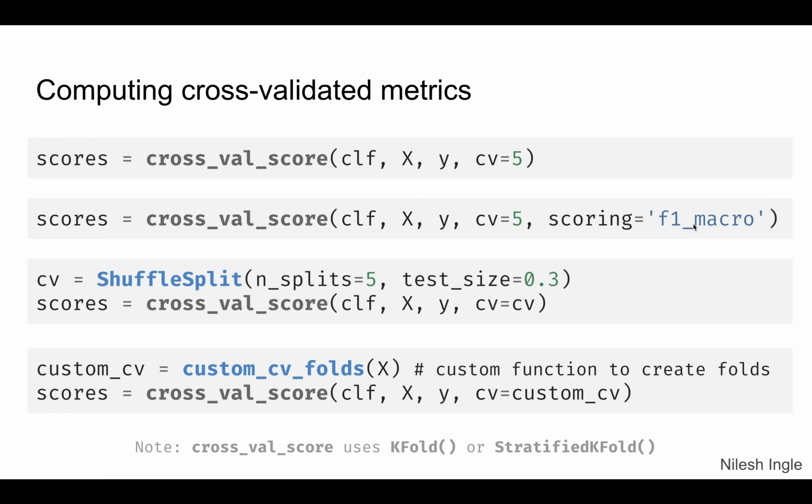for getting the score. Additionally, if we are using shuffle split, we'll go through what shuffle split is in a few minutes. Shuffle split means the data set is shuffled and then split into different folds or different sets to be used for cross validation. That's what is done here.